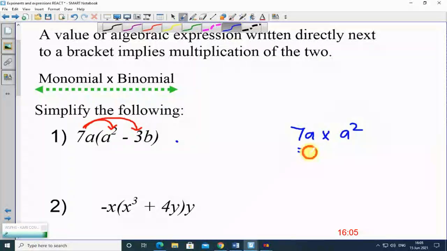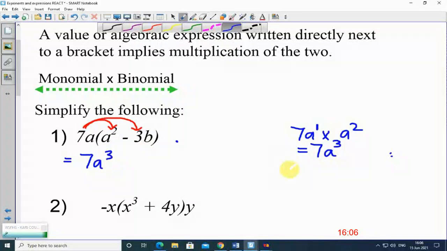And because we've been working with exponents, I'm going to put down the 7, and then the a's have got a base with some powers, and the power on the first one is actually a 1, and the power on the second one is a 2. So I put down my base, and I add my powers, a cubed. So my first answer here is 7a cubed.